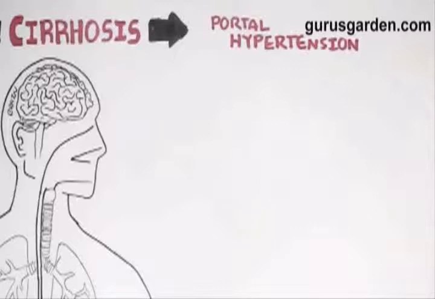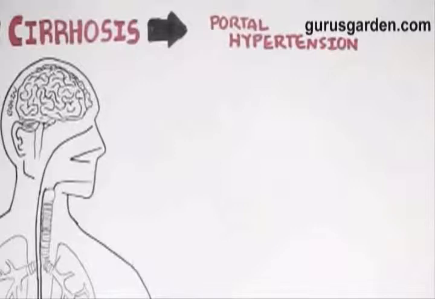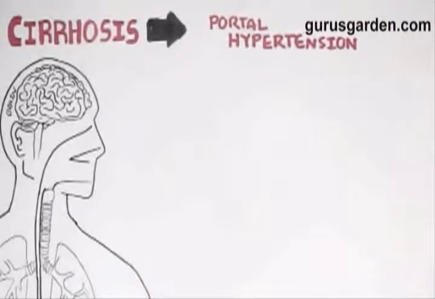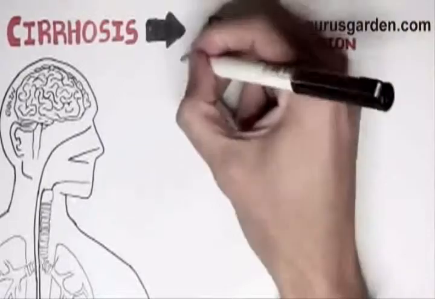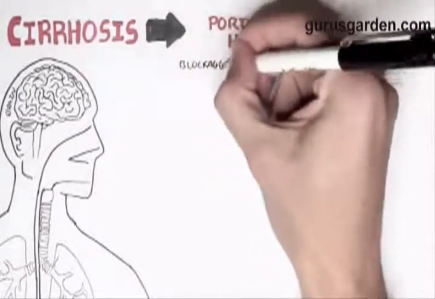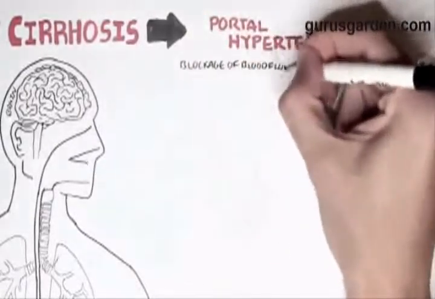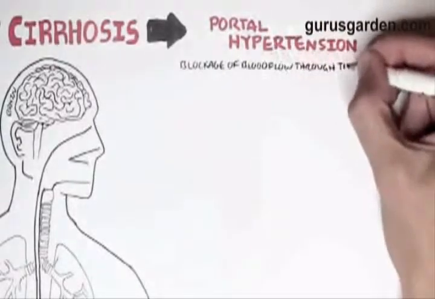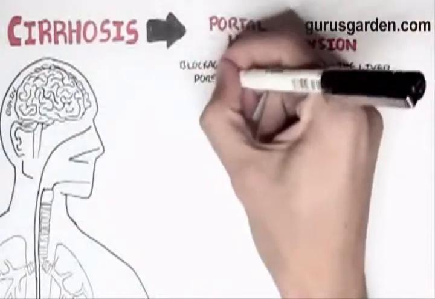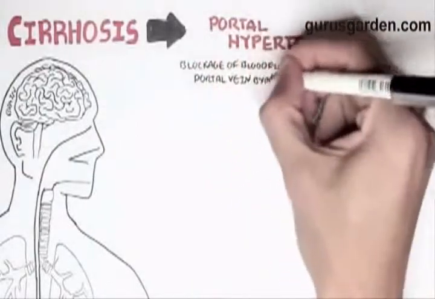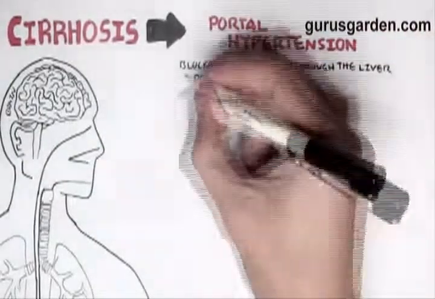What would this mean for the body? Well, if all these red blood cells, white blood cells, and platelets are accumulating and can't get out, if we would check the blood of this person suffering from liver cirrhosis, he would have thrombocytopenia, low platelet count, which means that there would be insufficient clotting for the body.